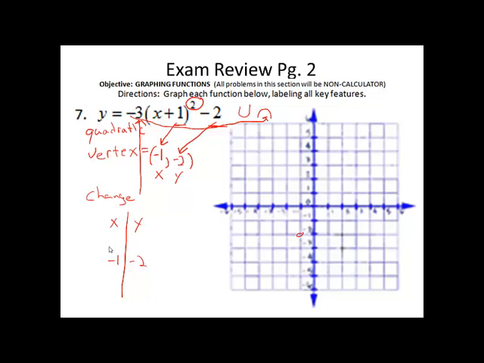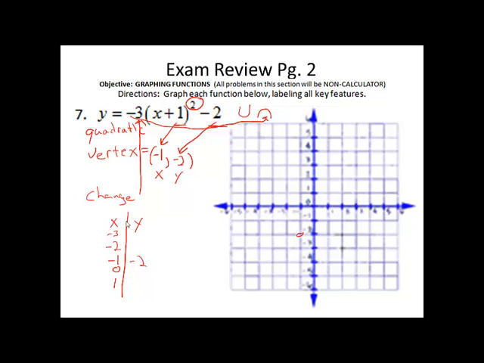And we want to go 2 x values to the left and 2 x values to the right. So let's go with -2, -3, and let's go 0 and 1. Now again, I went 2 to the left and 2 to the right.